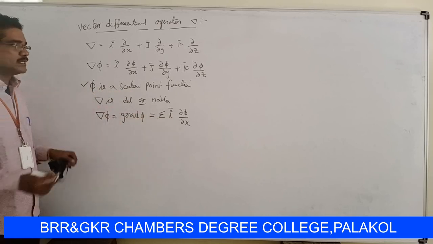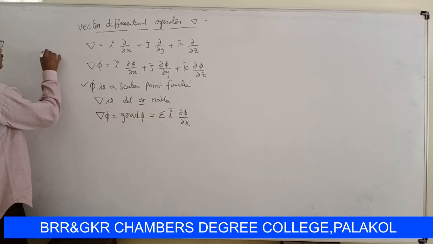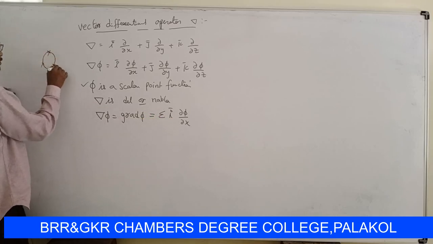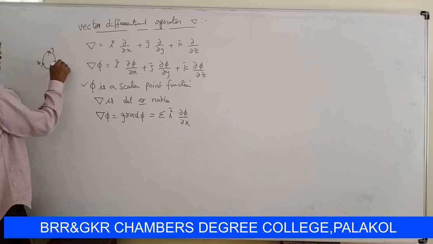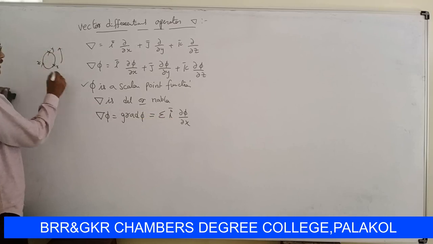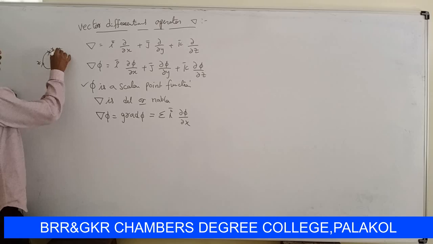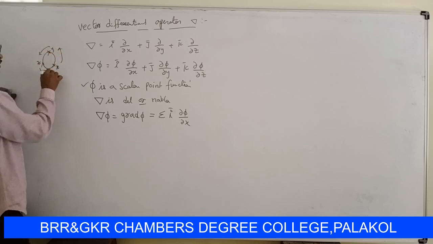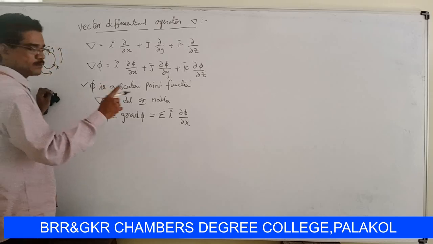Here sigma means, suppose the elements x, y, z in the anti-clockwise direction: x, then y, then z, and then x again. It is the sigma rotation.